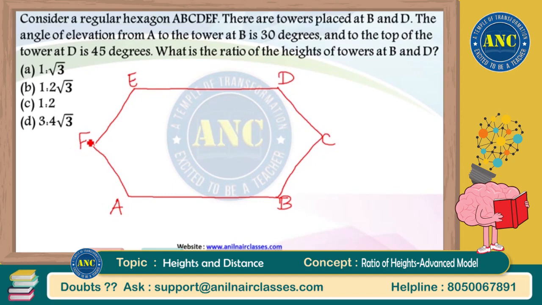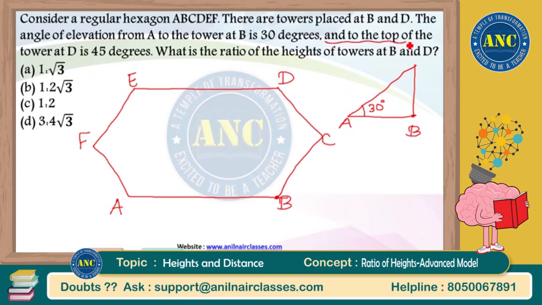There are towers placed at B and D. At point B, there is a tower which I am placing. Now, this is point D, and I am drawing a tower like this. The angle of elevation from A to the tower B is 30 degrees. This is point A. This angle of elevation is given in the question as 30 degrees. This is one smaller diagram.